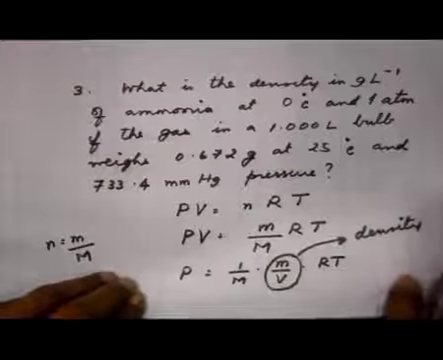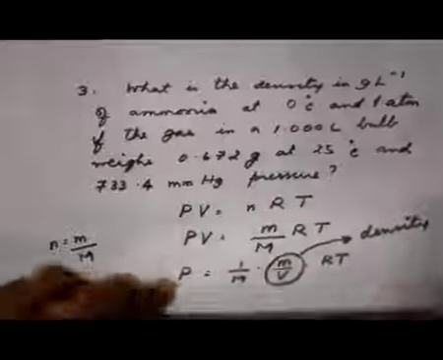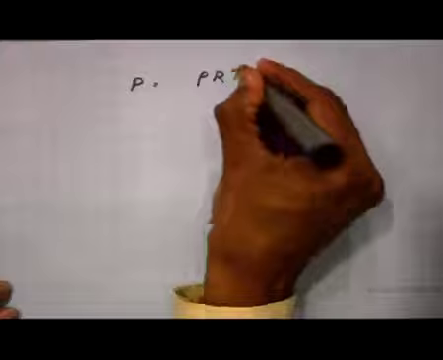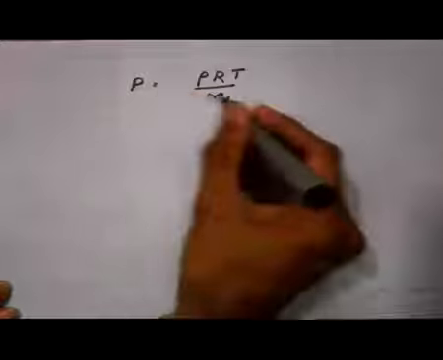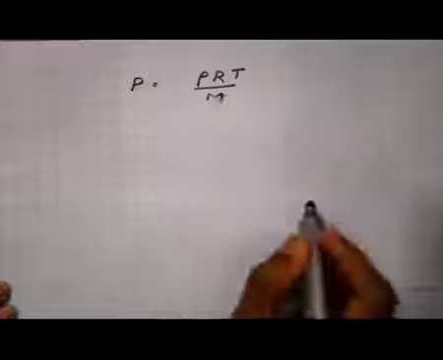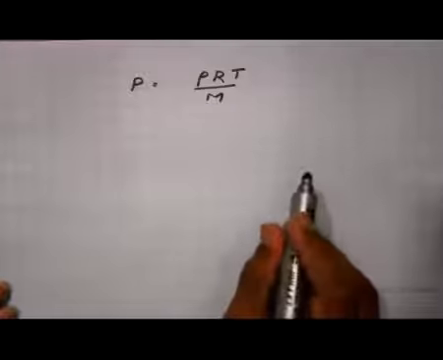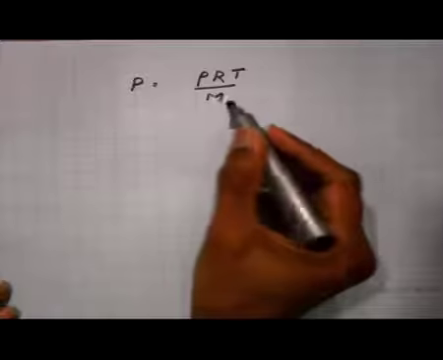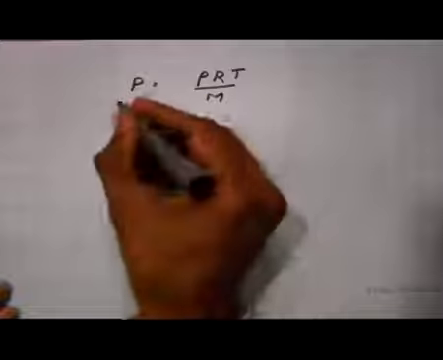So, we rewrite the pressure in terms of the density and the molar mass as P is equal to rho RT over M. So, once you have this expression, the problem that we have is a straightforward application of this expression.